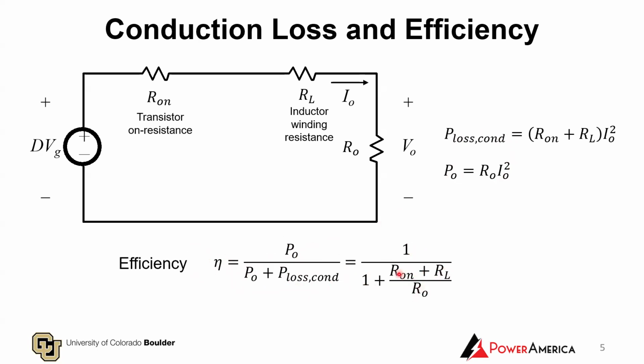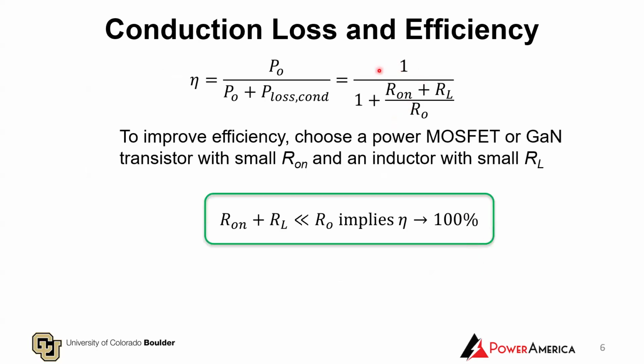You can see if these components were ideal and we had 0 on resistance of the power MOSFET and 0 winding resistance, efficiency would come to 1 or 100%. The larger the on resistance and the larger the winding resistance are, the lesser the efficiency of the converter is going to be. So here is that expression again.